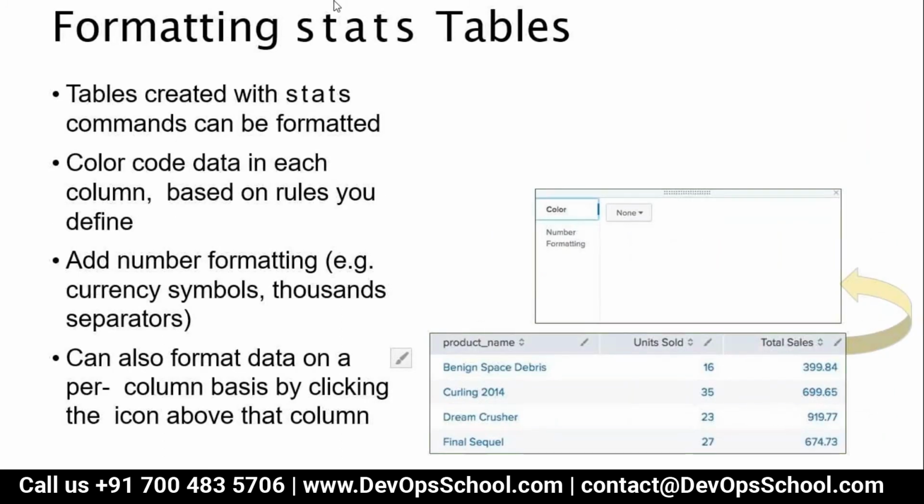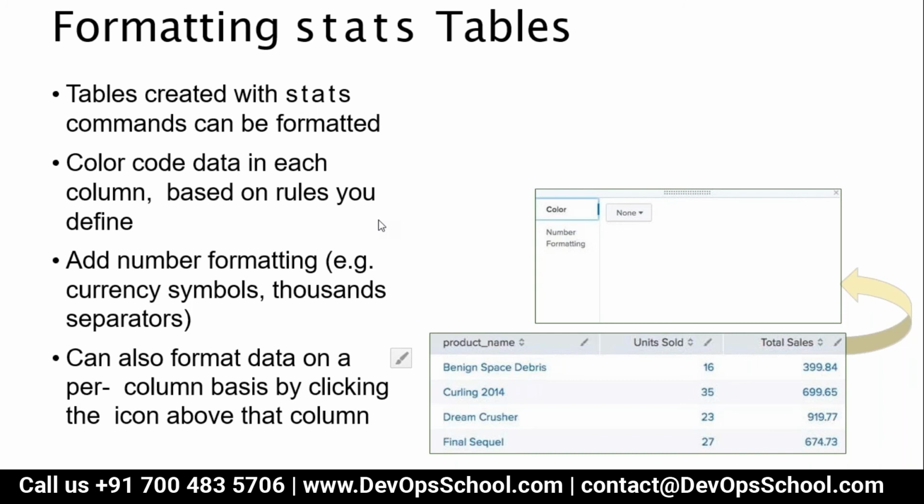Okay, so now one more is stats table formatting. How can you format a stats table? Whatever table you get, can you format it, give it some special color? Yes, you can.